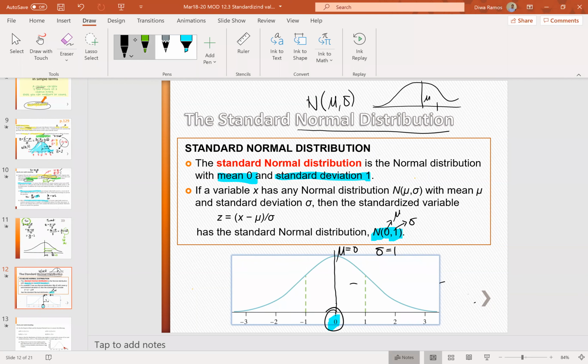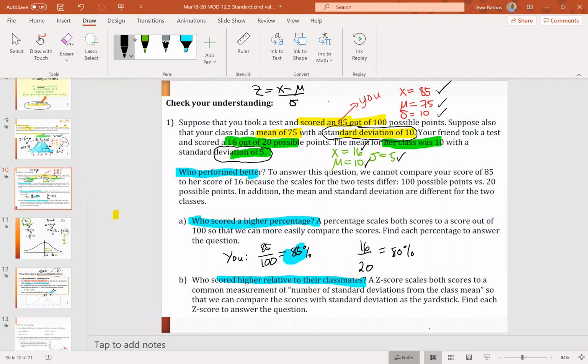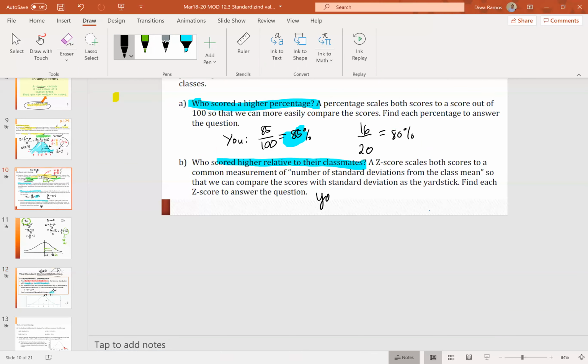For B, basically the friend performed higher with a z-score of 1.2. Yes. So to answer letter B, who scored better relative to your friend? Your friend basically scored better. Let me delete that box there.